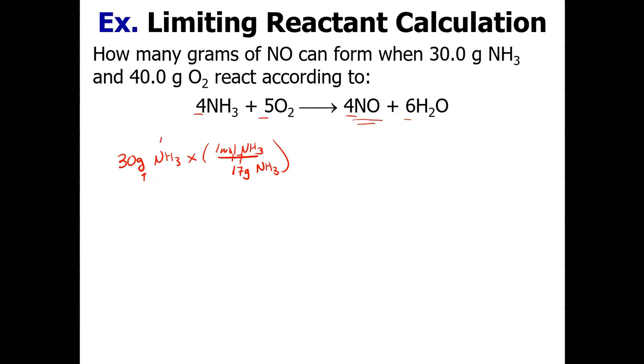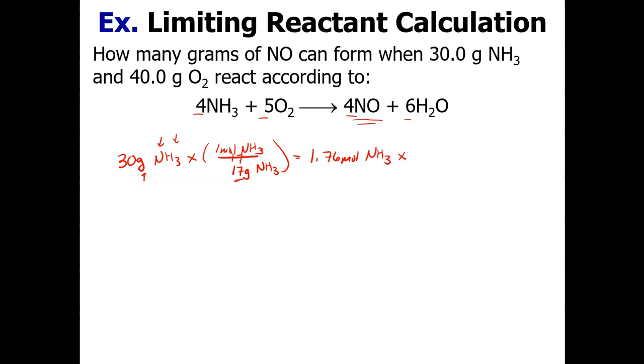Well, I added a nitrogen, which is about 14, and then 3 hydrogens, which are about 1 each. So 14 plus 3 is 17. So that's how I got that number using the periodic table and my knowledge of the atomic masses for these different elements. Next, now we're going to be able to solve for that, and that gives us about 1.76 moles of NH3.